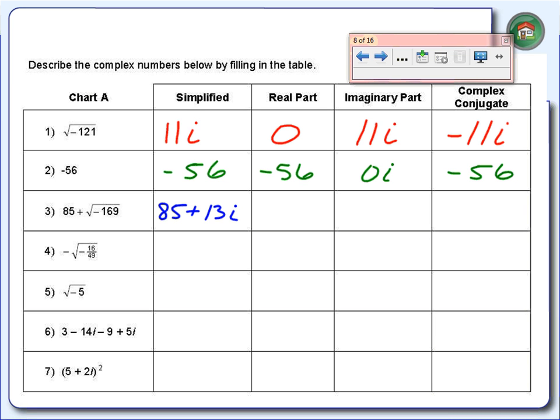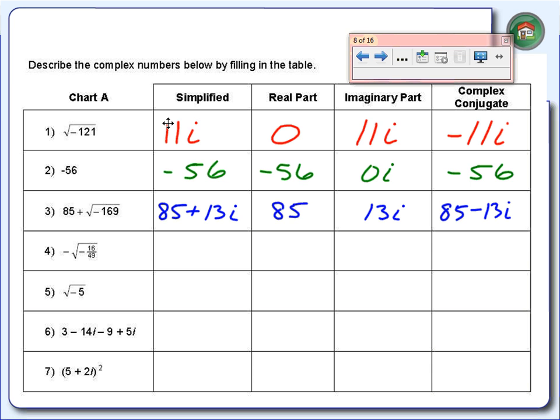What's our real part going to be? The 85. The imaginary part's going to be the 13i. And 85 plus 13i, the conjugate of that would be 85 minus 13i. So again, we're only changing the sign on the imaginary part. The real part stays the same.